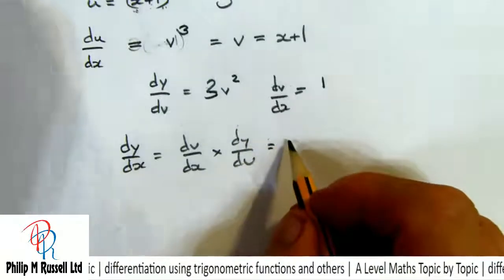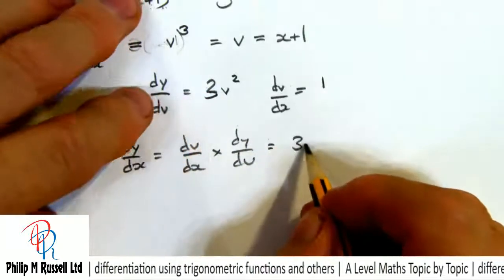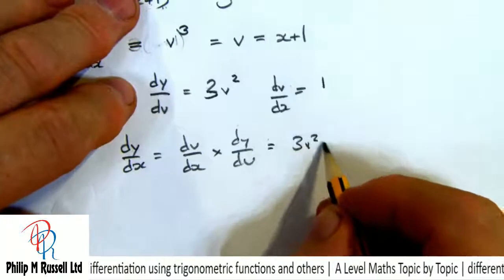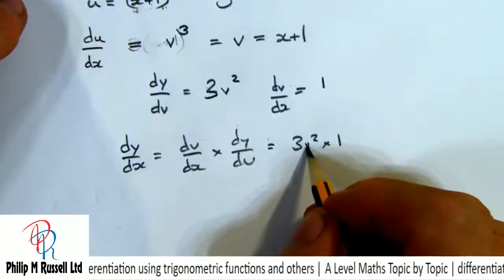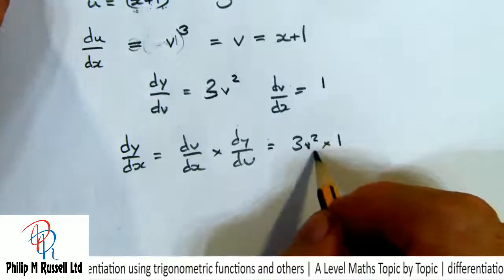So that's going to give me 3v squared times 1, which is 3v squared.